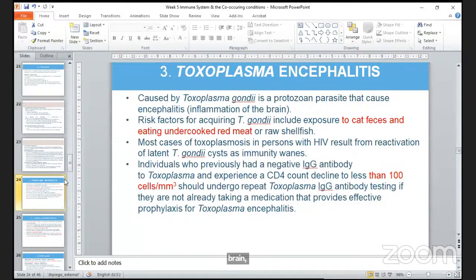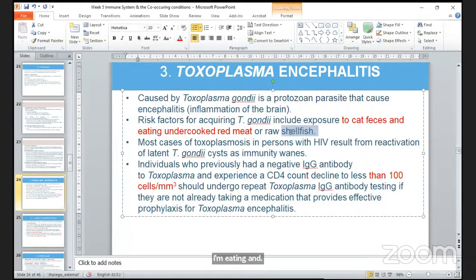Now, as to the predisposing factors, we have exposure to cat feces and eating undercooked red meat, as well as raw shellfish. I think here you'll have to pull up your socks a bit. We have a lot to discuss here. The areas marked in red are important.